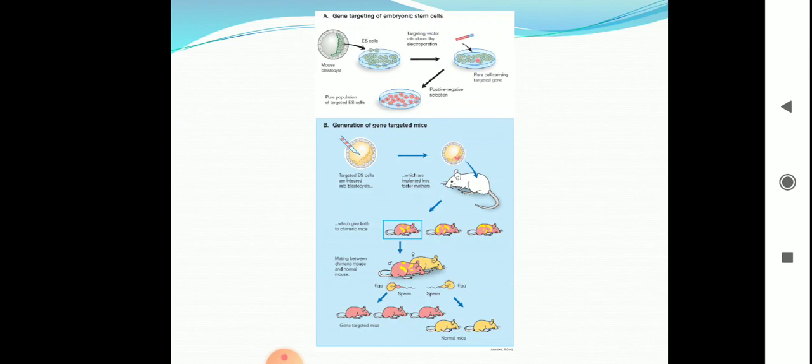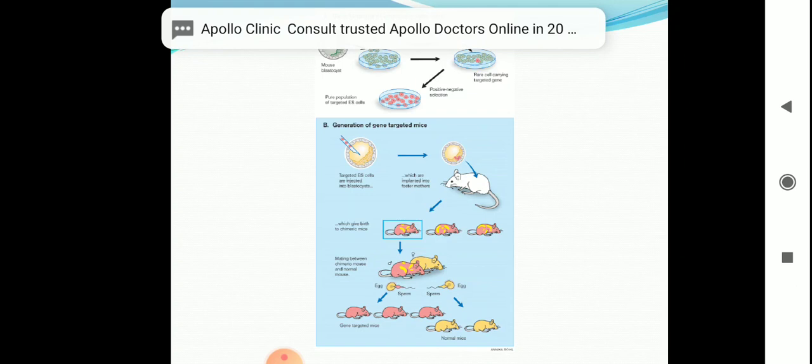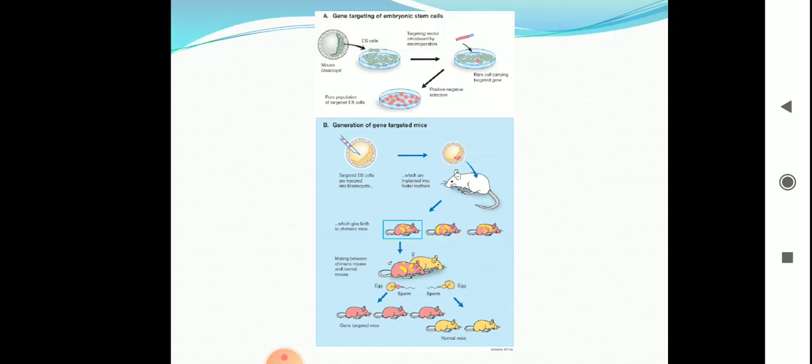Now in the next slide, it is nicely shown how the transgene is introduced into the embryonic stem cells, and how the gene-targeted mice are generated, how the cells are implanted into the blastula, and the blastula is implanted into the foster mother, which ultimately gives birth to chimeric mice. Chimeric means it contains genes of different strains. When a chimeric mouse mates with a normal mouse, they give rise to two types of mice, chimeric as well as normal.